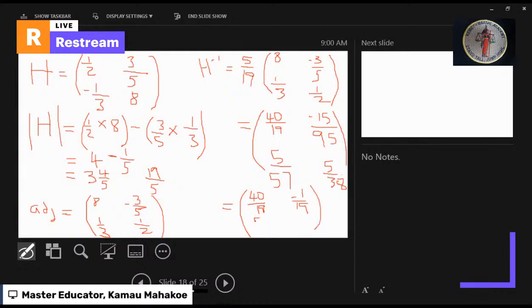And we have to write back the other 3, the other 2, they cannot be reduced. All right, so 5/38. So just remember, if you end up with a fraction as the determinant, since it would be 1 over the determinant, you would just reciprocate it. Reciprocate the fraction and multiply by the adjoint.